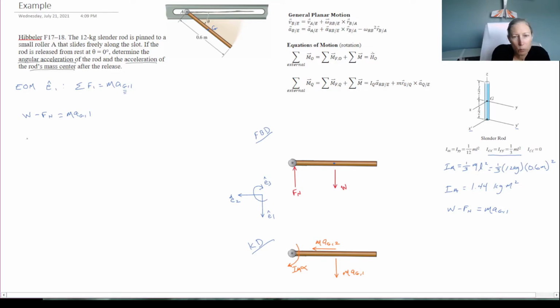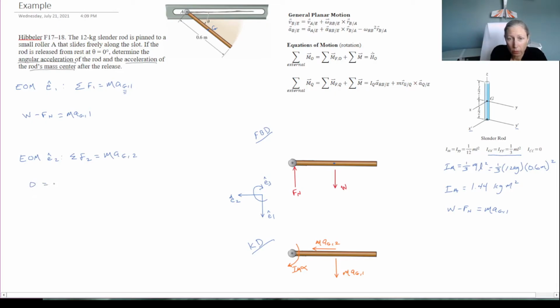All right. So let's see if we can do the equation of motion in the E2 direction. EOM E2. This is going to be sigma F in the E2 direction equals MAG2. Do we have any forces acting in the E2 direction? I don't think we do. So that's just going to be 0, right?